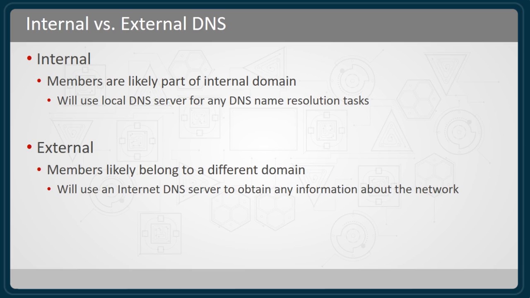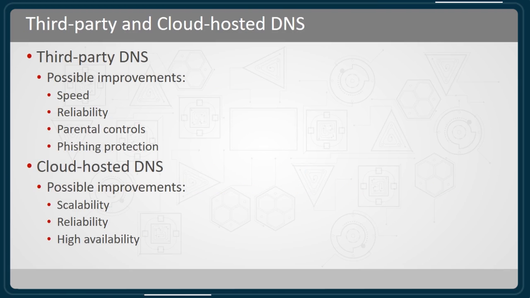So it forwards the request out onto the public internet, and it will use either the DNS server of the other side, whoever that might be, or it might use something like a hosted DNS server, and we'll see that in a moment. But again, the idea is it's any kind of name resolution request for a system that is not in your network. So with respect to that internet DNS server, what does that refer to?